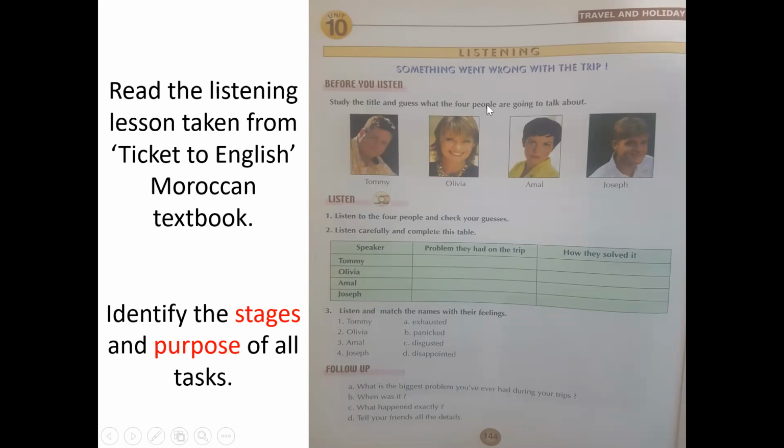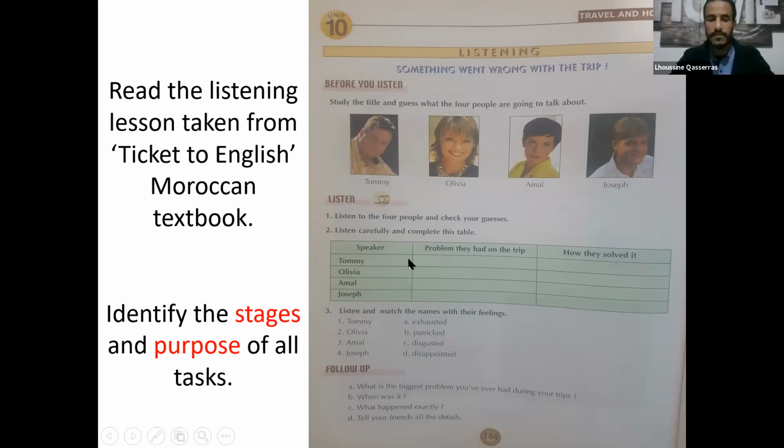Yes. All right, so let's stop this one. So remember, Tommy, Olivia, Amal, Joseph, problems they had on the trip and how they solved it, etc. Okay, just 1 second. Let me stop sharing.